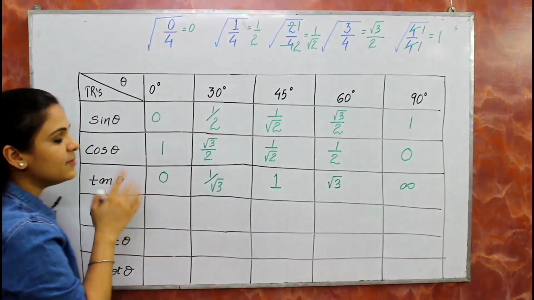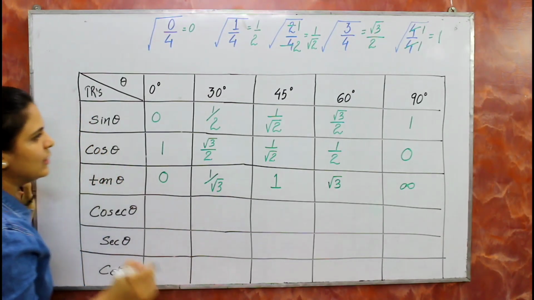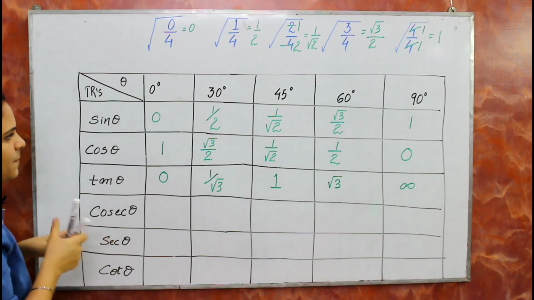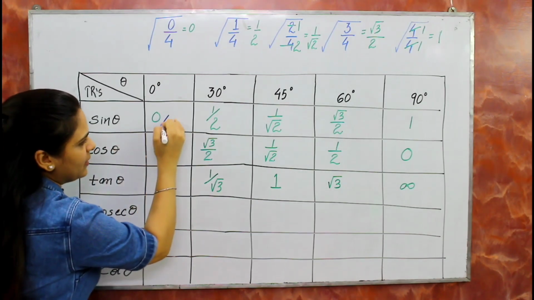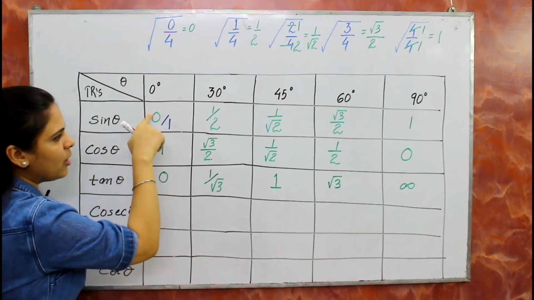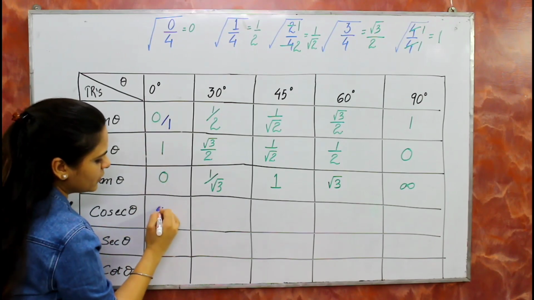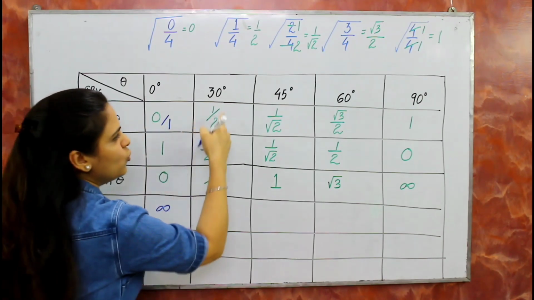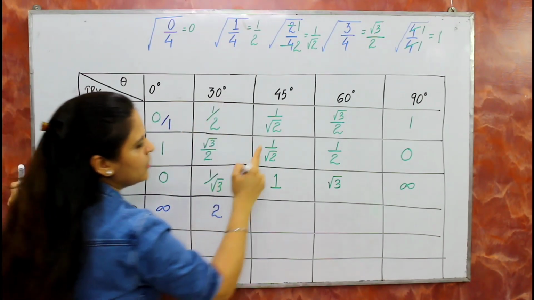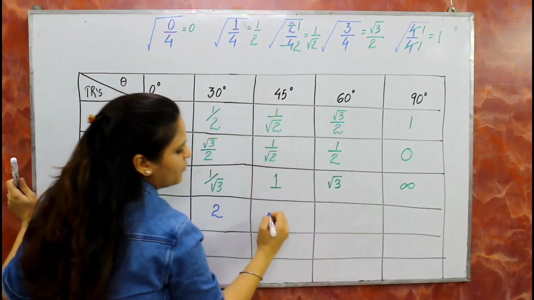Cosec theta is the reciprocal of sine theta. So let's do the reciprocal of sine theta. 0 upon 1, the reciprocal of this is 1 upon 0, which is not defined. 2 upon 1, root 2 upon 1.